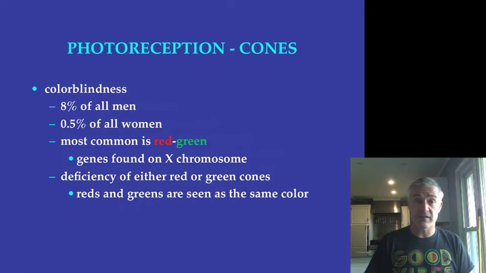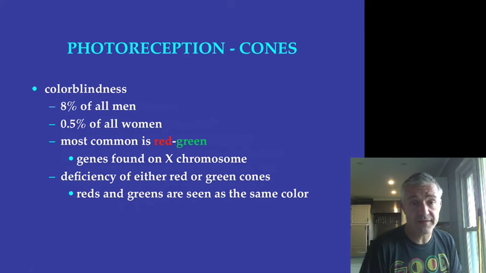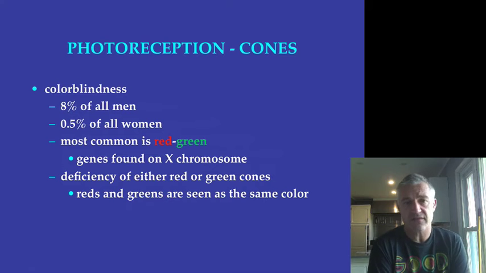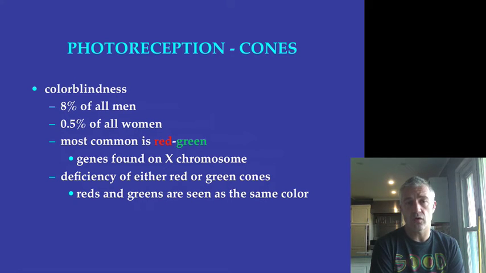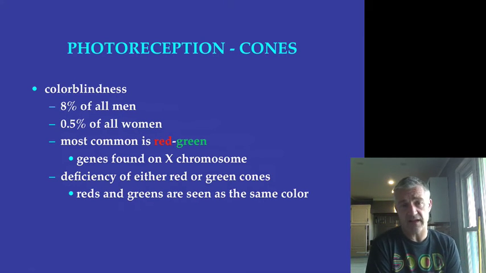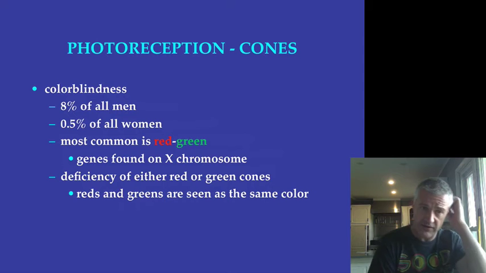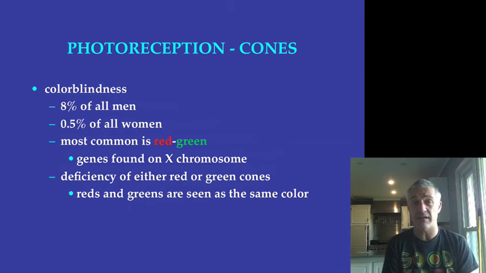There are some differences in people's color vision. It's on the X chromosome for some of these red and green cones. So red-green color blindness is a sex-linked trait, is what they refer to it as. It's found on the X chromosome, much more common in men in that we only get one copy of the X chromosome.